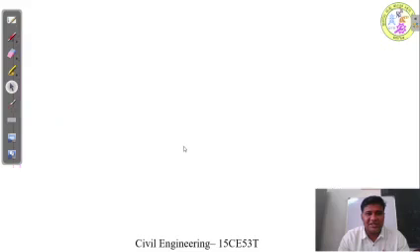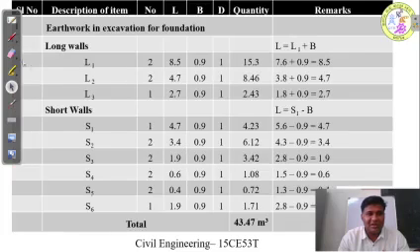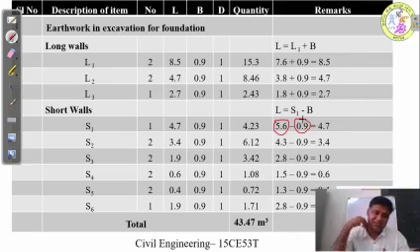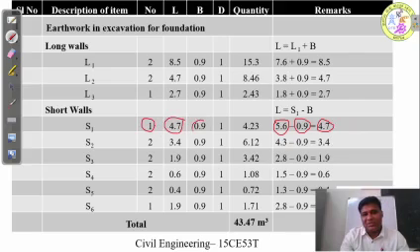Since this is in to in, I am going to take the difference: the total central line length is 5.6, and in the short wall you have to subtract one breadth, that is 5.6 minus 0.9, which gives me 4.7 meters, the short wall length of S1, and there is only one number.